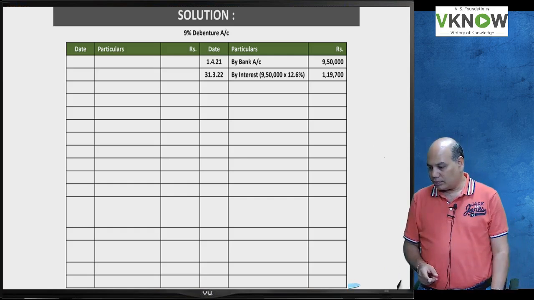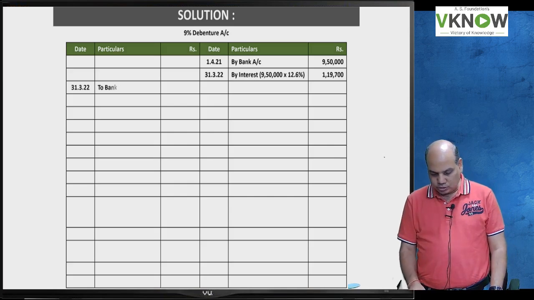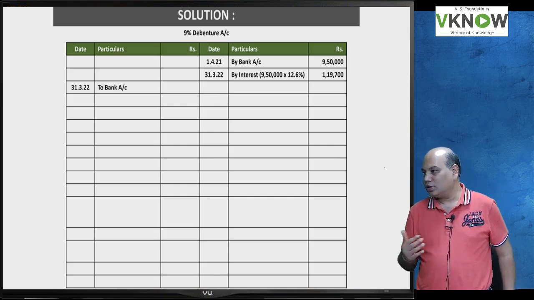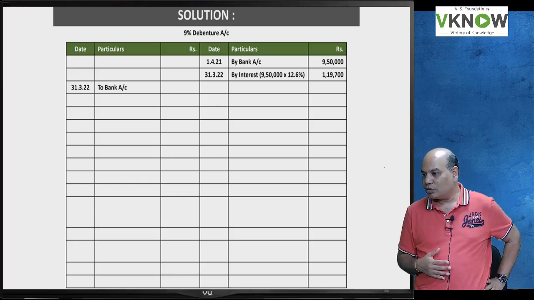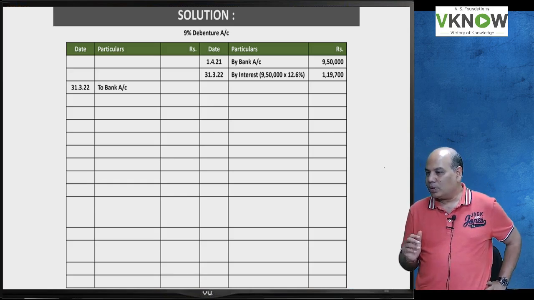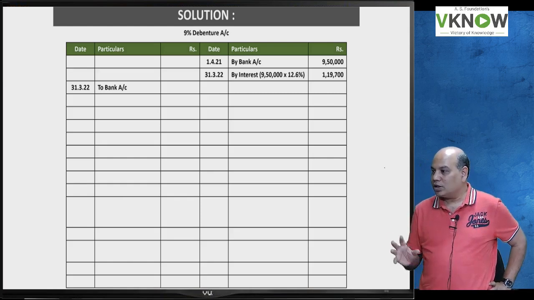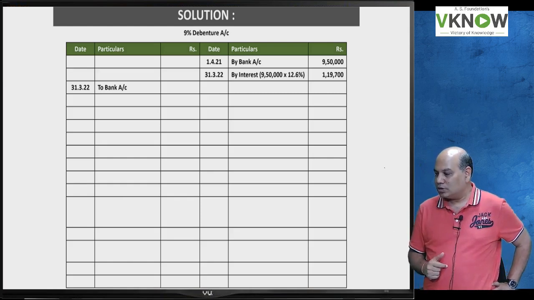So now write down to bank, and on the debit side what we are writing is our obligation which I have to pay. That is not my cost. I may not pay him interest for 2 years. I will pay him directly after 3 years. Does it mean I will not book the expense?